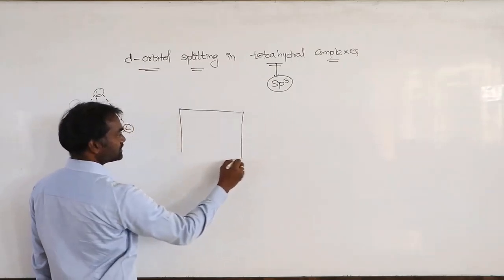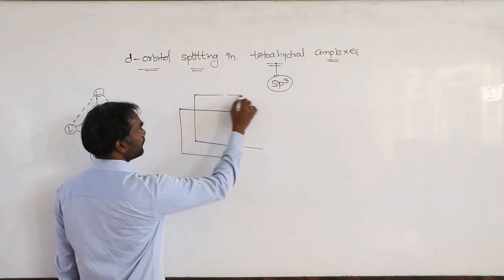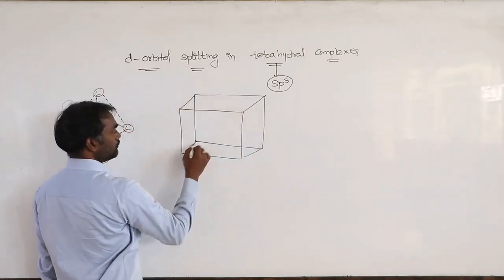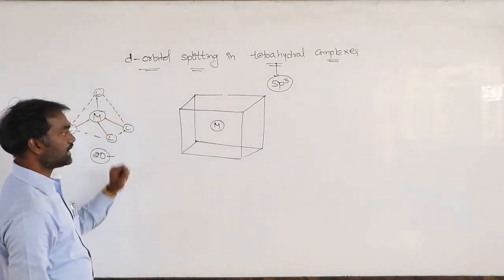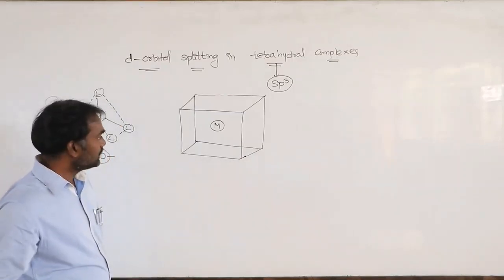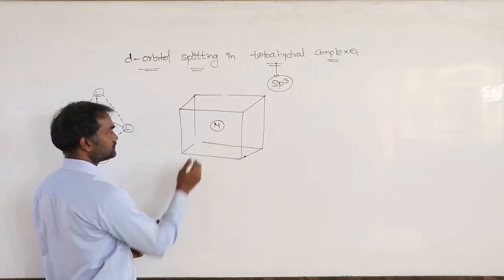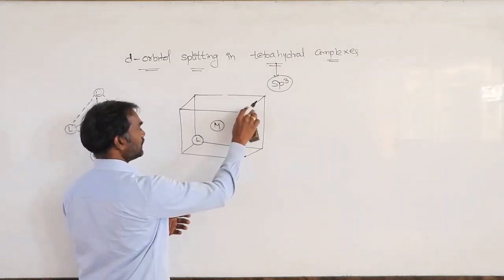So that's why we take three-dimensional. In three-dimensional the best one is you take a cube. In the cubical structure, the metal is present in the exact middle of the cube. Next, how can you write the tetrahedral structure? See, here 2 ligands. Here 1 ligand. Here.